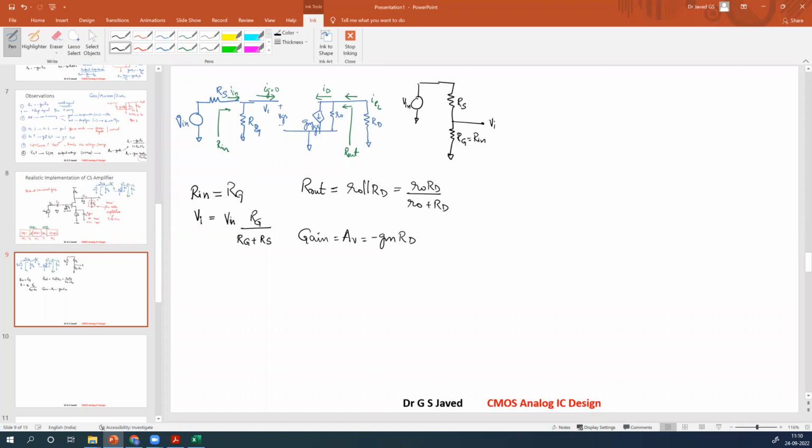Sai Chandana and Hema Harshita, what is the output voltage? V out. V out is seen here at the output of RD. And at the output of RD, you have RL also. Okay, so what is V out?